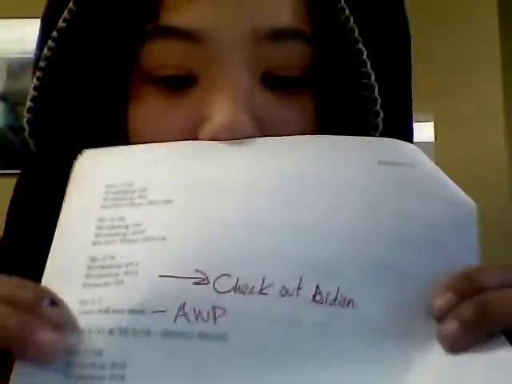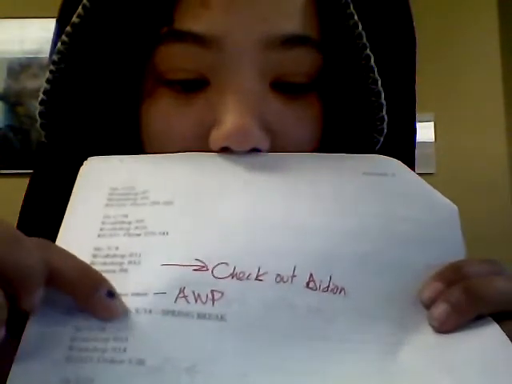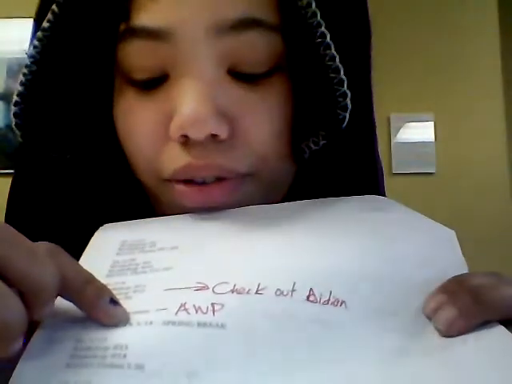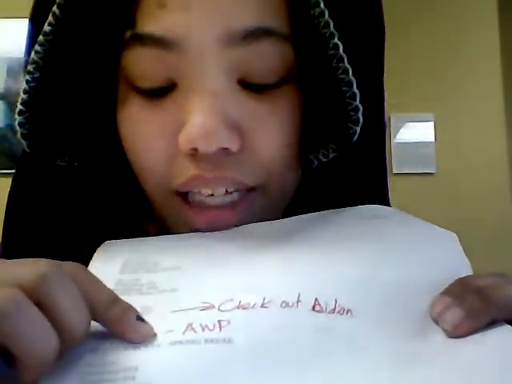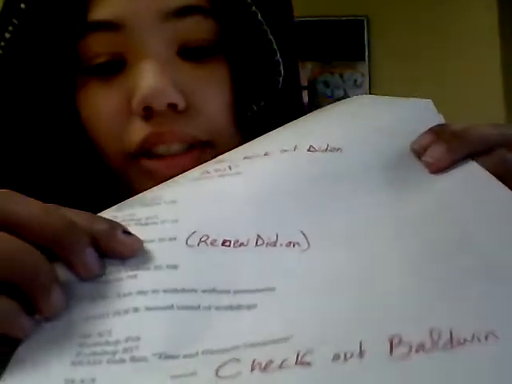So here, this is for me to check out a book. This is a conference that I'm going to, so I have to let my teacher know that I don't have class on that day. This, I have to renew the book that I checked out because it'll be due at the library.